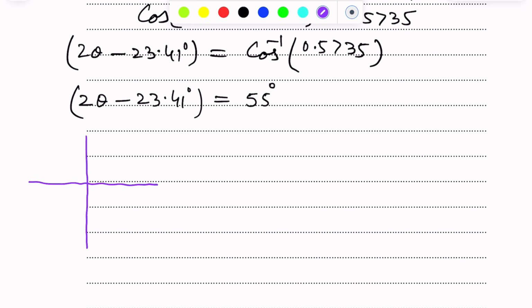These are four quadrants: A, S, T, C. A stands for all, meaning sine, cos, tan. In the first quadrant, all are positive. In the second quadrant, S means sine is positive, remaining negative. In the third quadrant, tan is positive and the remaining negative. In the fourth quadrant, cos is positive and the remaining negative.